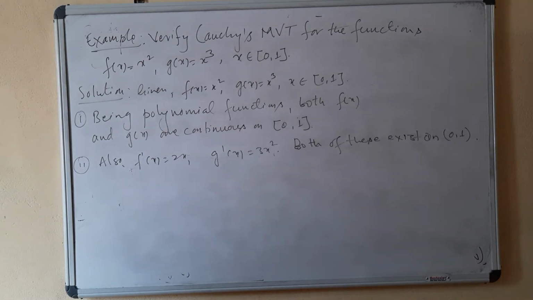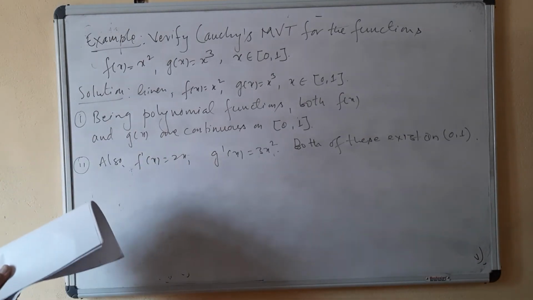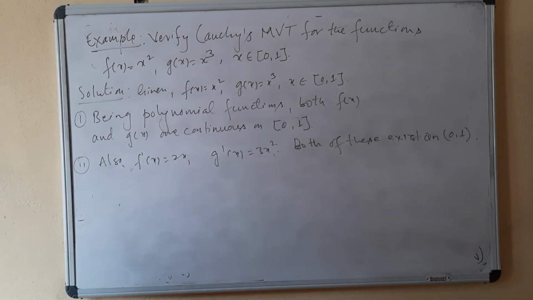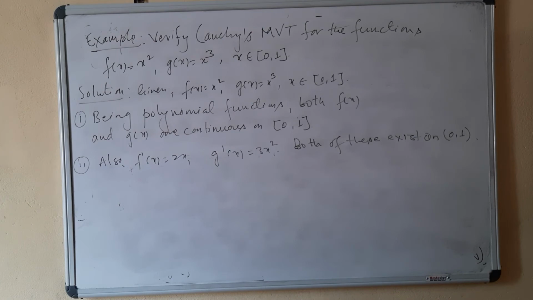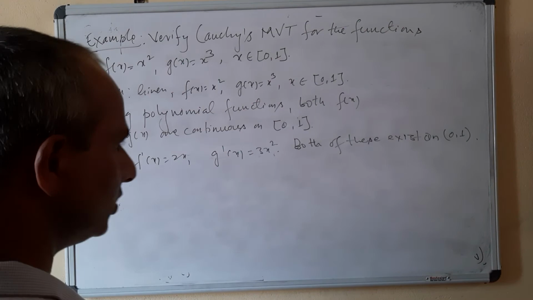And when these two hypotheses are satisfied, then according to Cauchy mean value theorem, we must find a number c in the open interval 0, 1. That c will satisfy the f dash c upon g dash c condition that we have learned in the theorem.